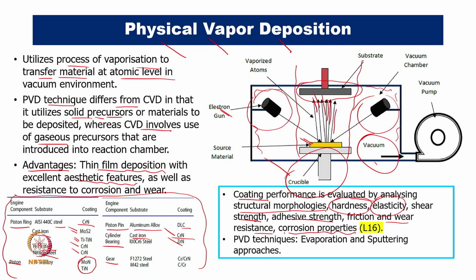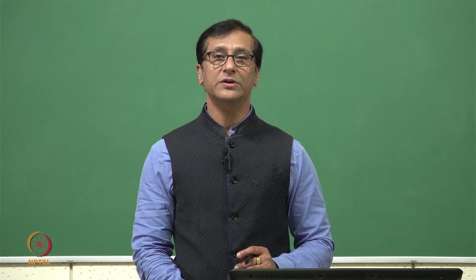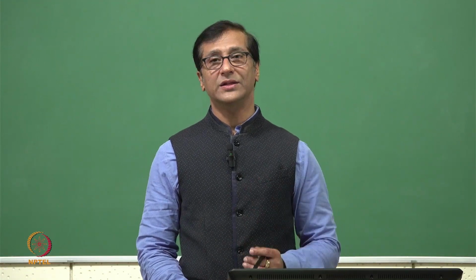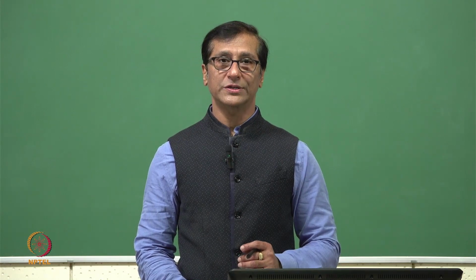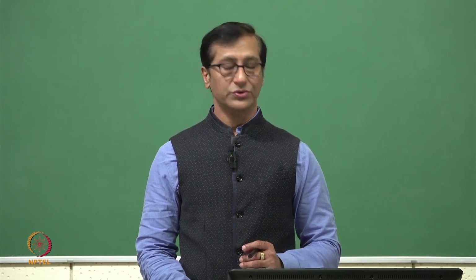And particularly for engine components, because they are subjected to high temperature, corrosion property becomes very important. Some of those things will be covered in lecture 16. We say PVD, we are doing evaporation, but to go for higher energy, we can also use some sputtering approaches, so that can give us better results.